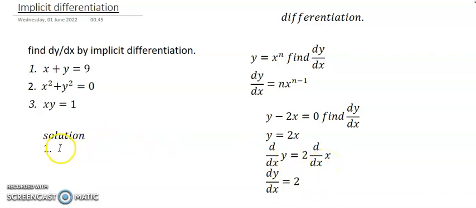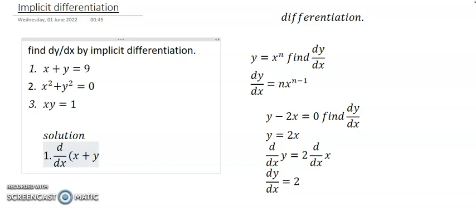Okay guys, let's solve these equations by implicit differentiation. To solve this one by implicit differentiation, we're going to do it like this: d over dx of x plus y equal to 9.